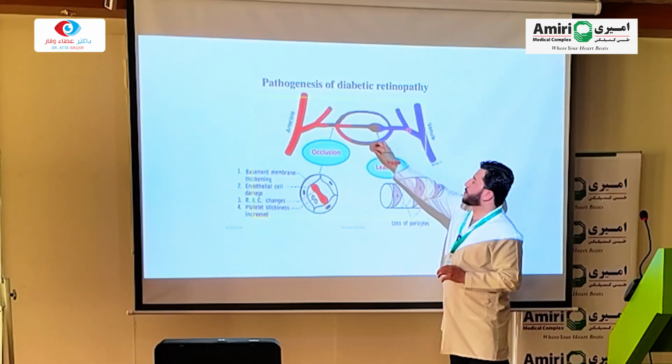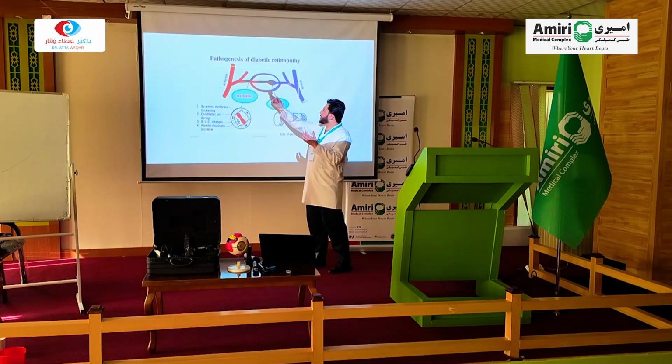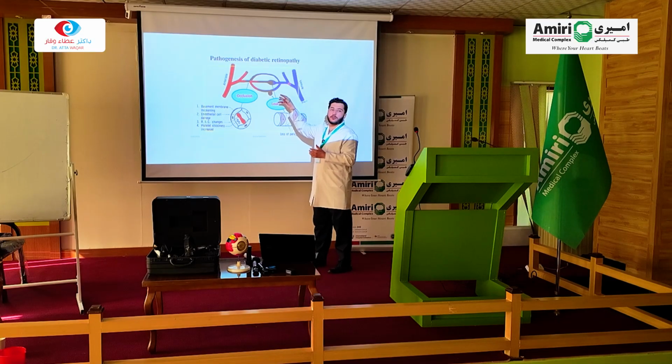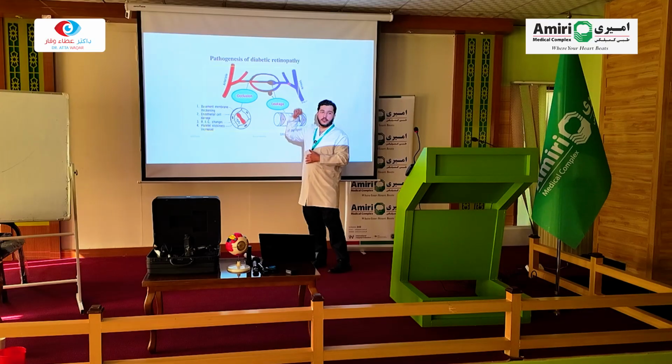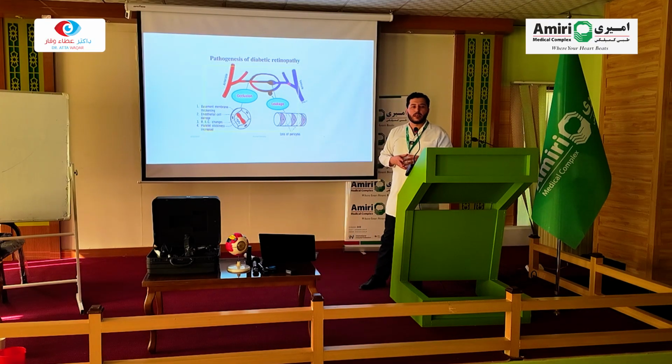For example, there will be small outpouchings of the venules, and these are very leaky. We have pericytes around the vessels, and there will be loss of pericytes. There will be leakage of multiple contents from the blood, which are lipids and proteins, and we will see them in the fundus as exudates.